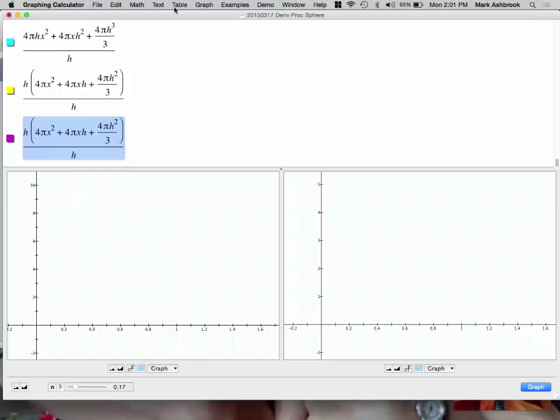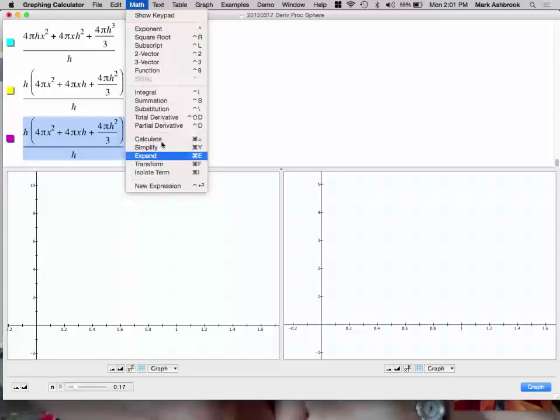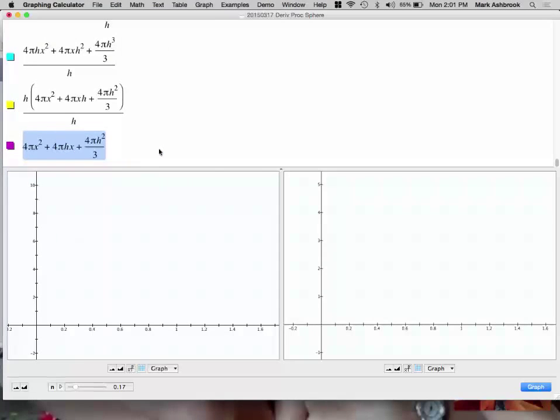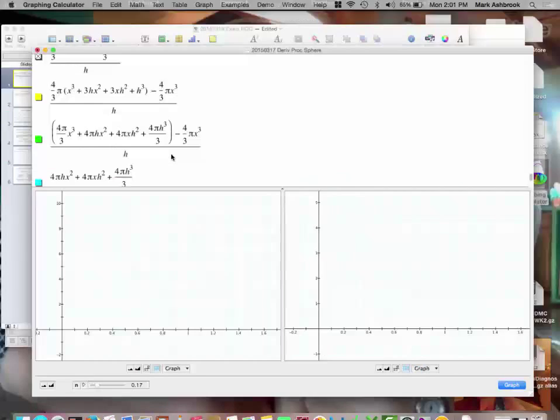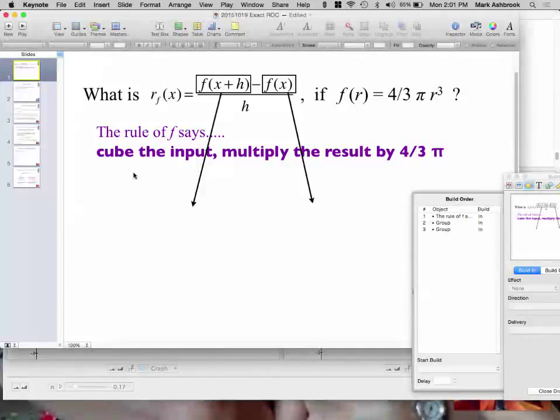What's it going to become? Simplify. The h over h becomes 1, and we get to this, which we can't go any further. So let's screenshot that, and go back to this.